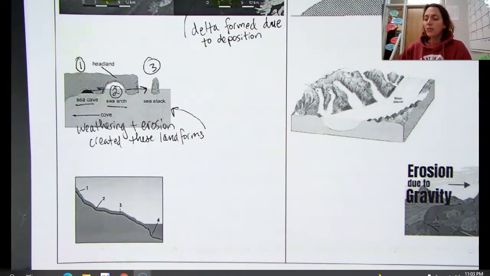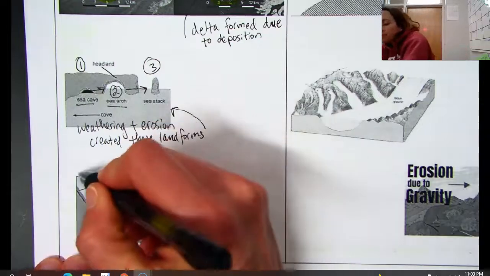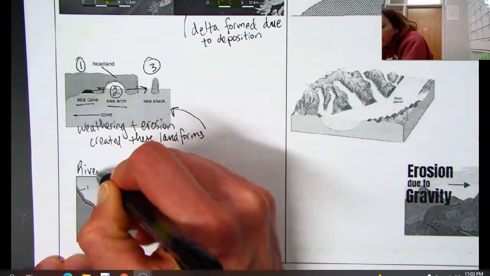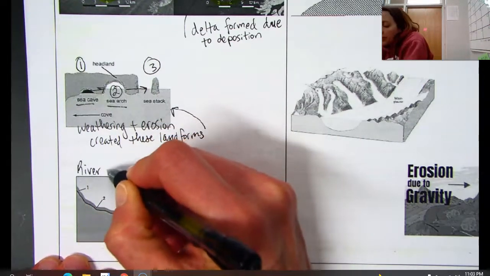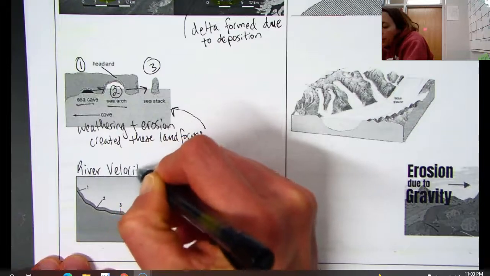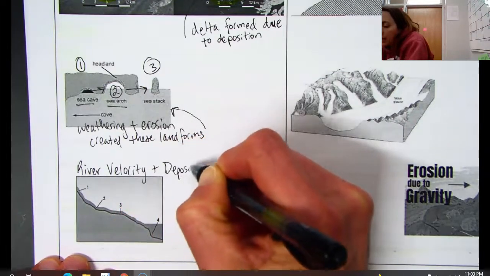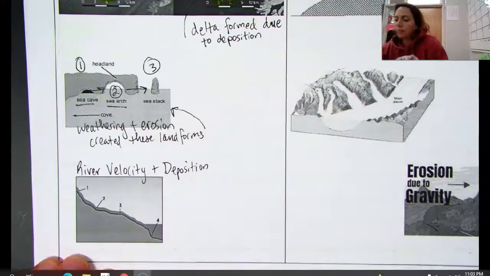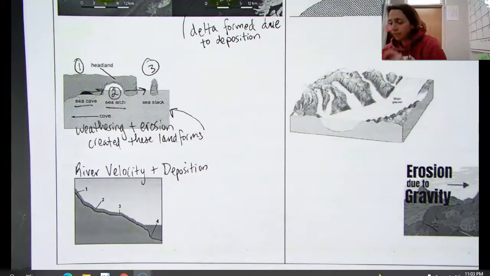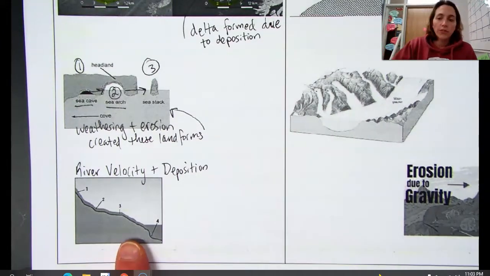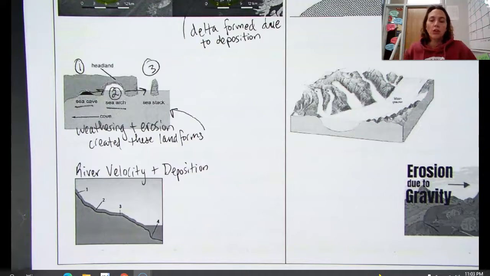Last but not least, we have river velocity and deposition. Okay. So this diagram right here is showing river velocity and deposition.